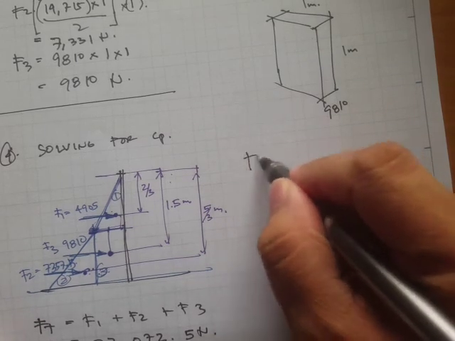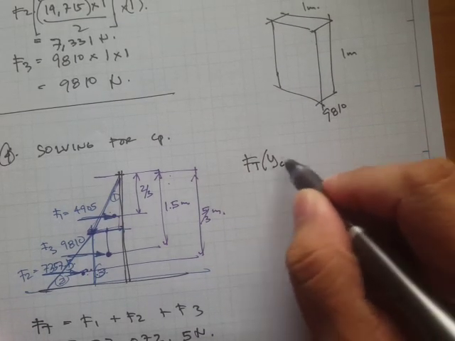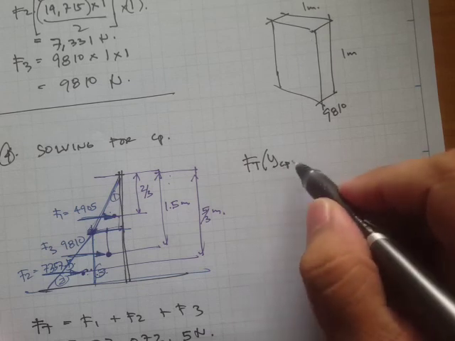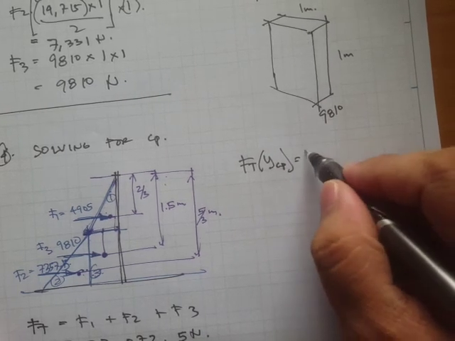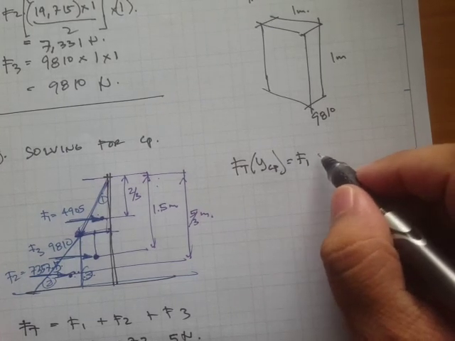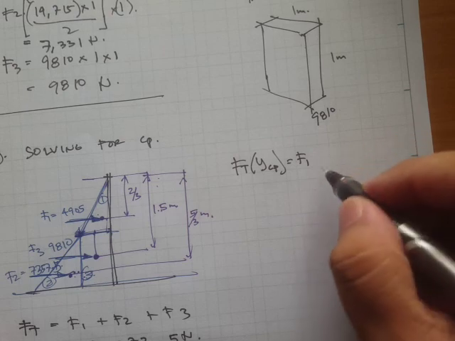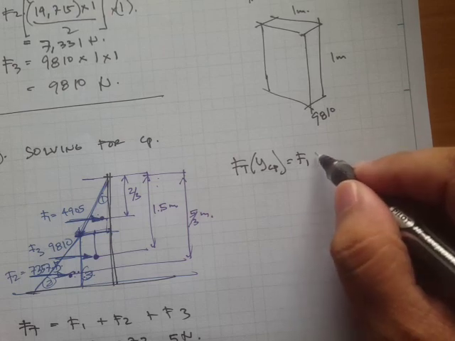Therefore, if we multiply this Ft times y, the distance to the center of pressure, it's simply the sum of the individual forces in their corresponding location.